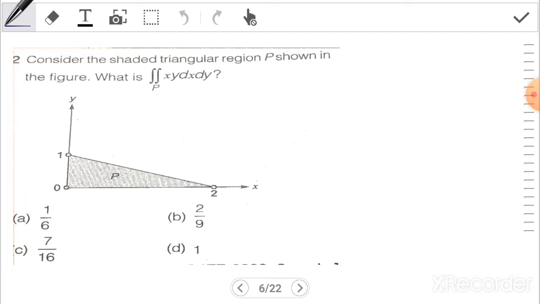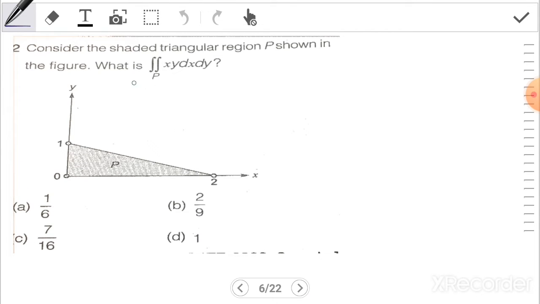Consider the shaded triangle region P shown in the figure. Okay, we need to evaluate this integral. So the equation of this straight line, with x-intercept as 2 and y-intercept as 1, we can write x by 2 plus y by 1 is equal to 1.